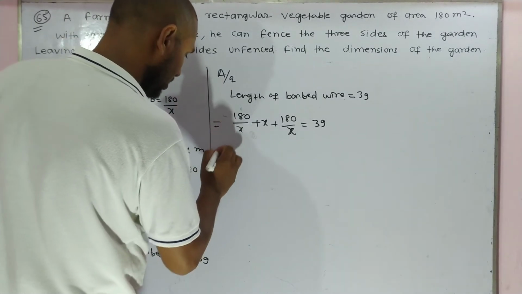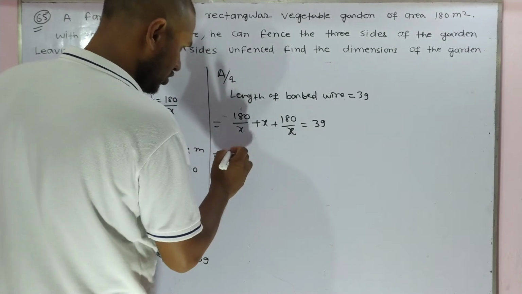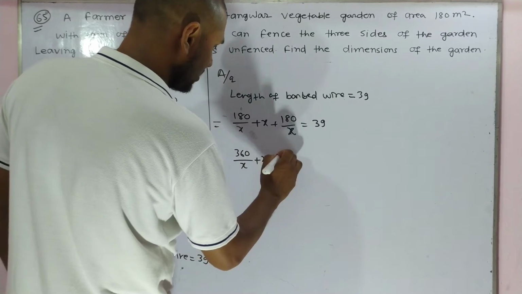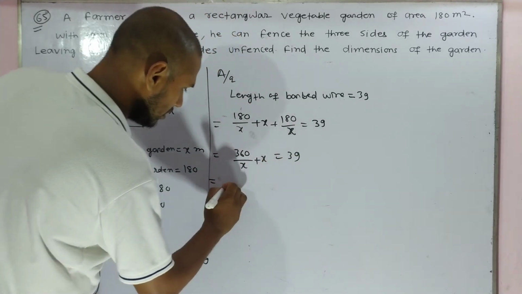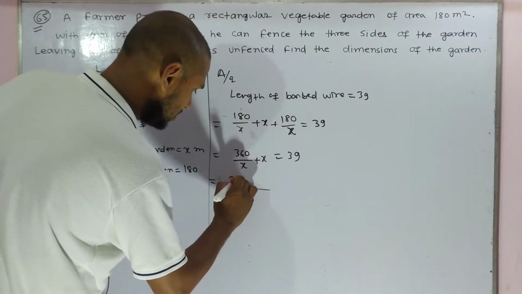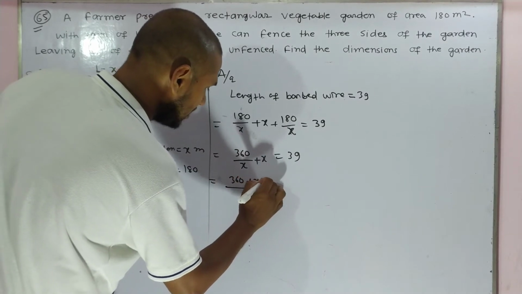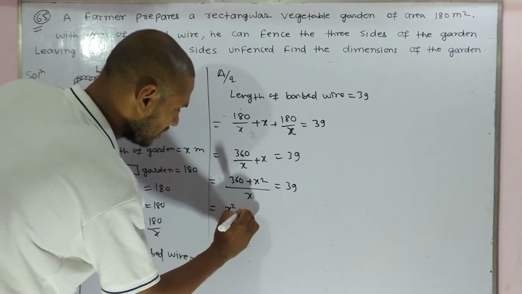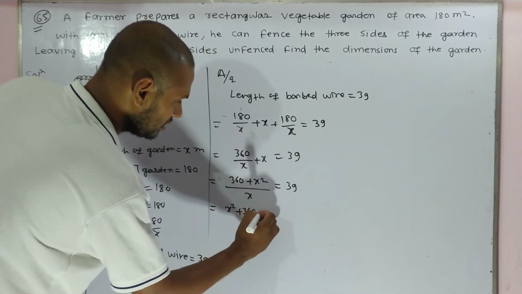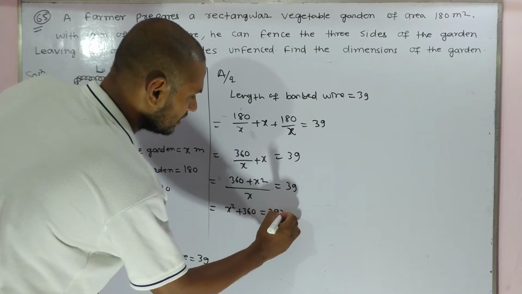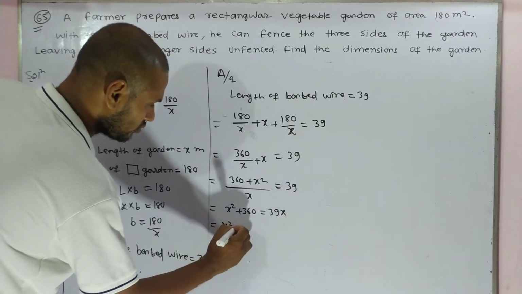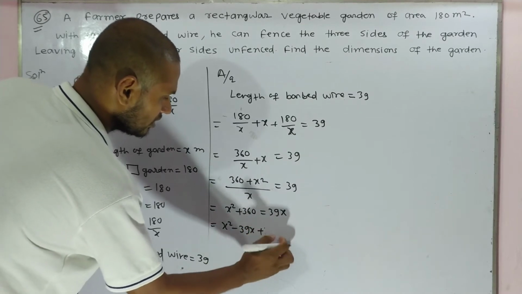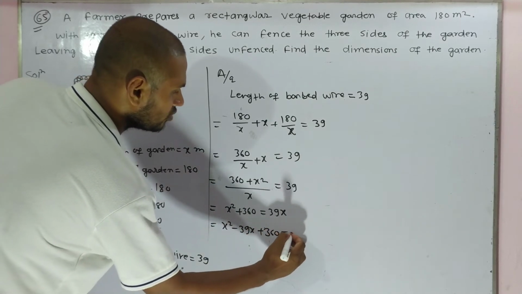From here, 180 plus 180 becomes 360 upon x plus x equal to 39. Taking the LCM, we get 360 plus x square equal to 39x, so x square minus 39x plus 360 equal to 0.